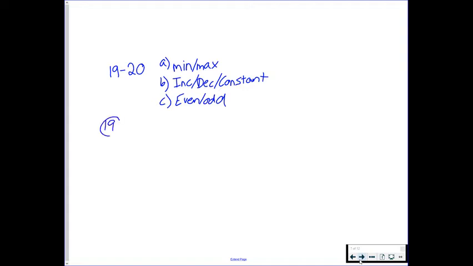Starting with question 19, we have the function f of x equals x squared plus 6. Once you type that in the calculator, this is what your sketch is going to look like. Now that we know what the sketch looks like, we can go identify all of our parts.